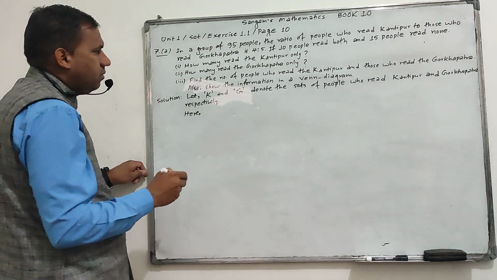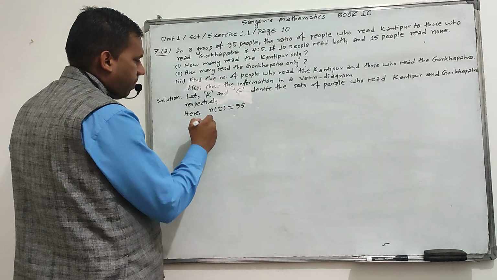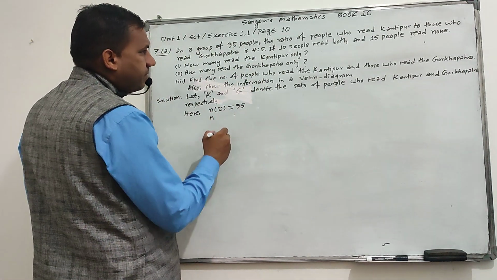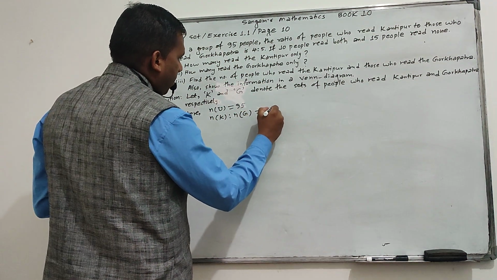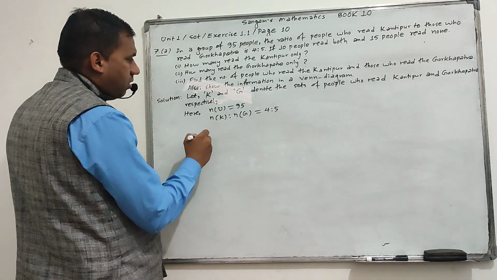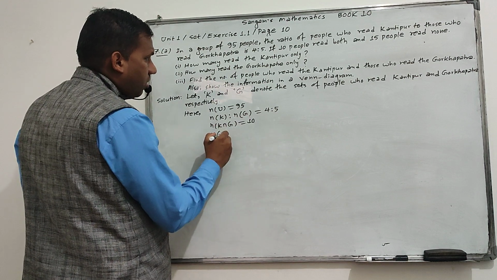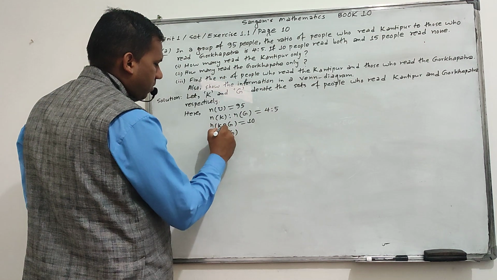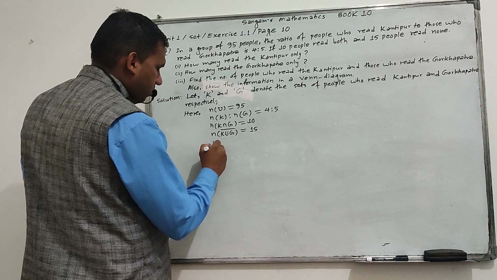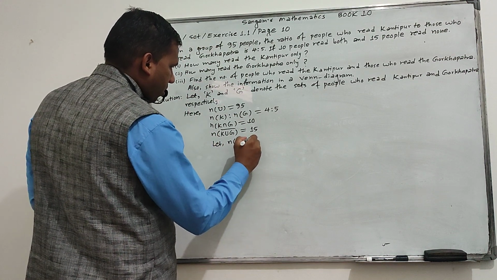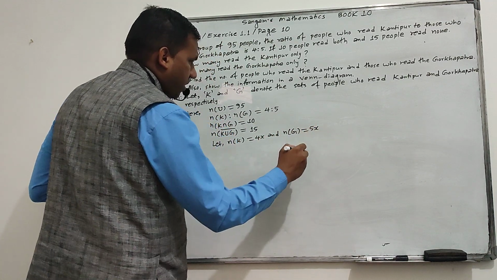Here, number of U equal to 95, number of K is to number of G equal to 4:5, number of K intersection G equal to 10, number of K union G whole complement equal to 15. Let number of K equal to 4x and number of G equal to 5x.